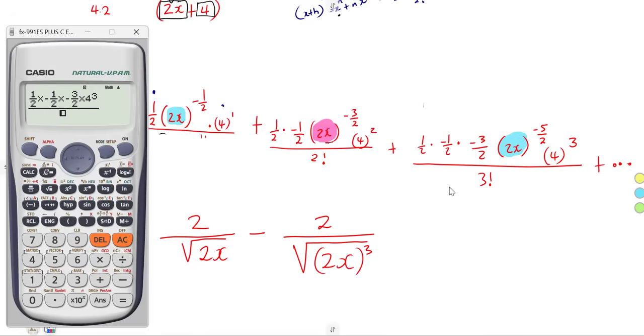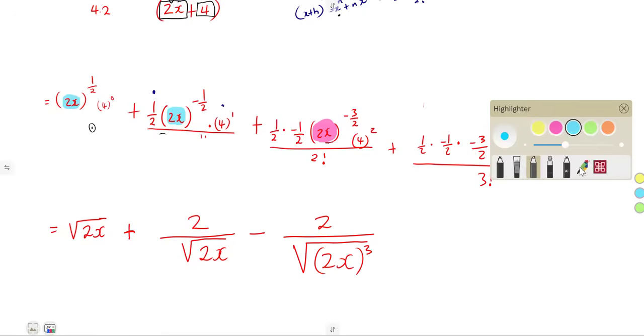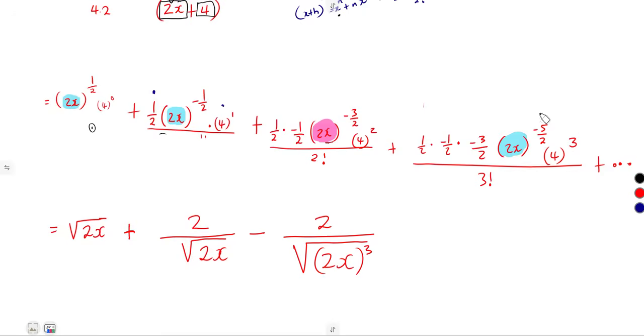Everything over 3 factorial, the factorial of 3. So that was going to give us positive 4. So simplifying everything here is going to give us positive 4 times this that we ignored, the 2x to the exponent of negative 5 over 2, which is the one that you must get rid of the negative exponent.